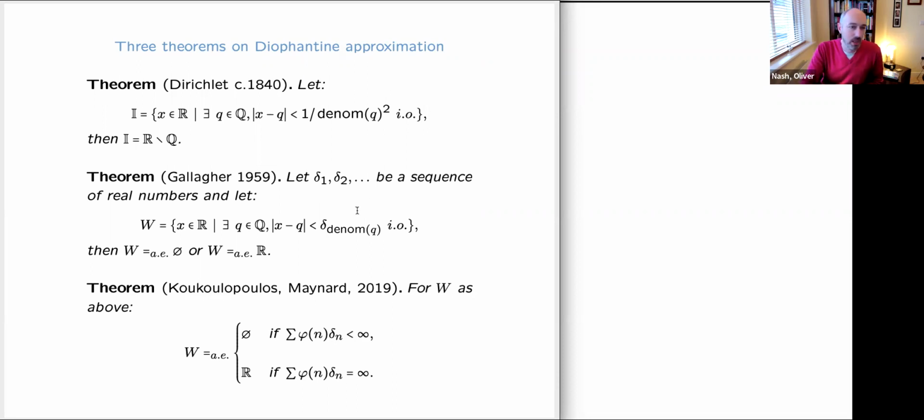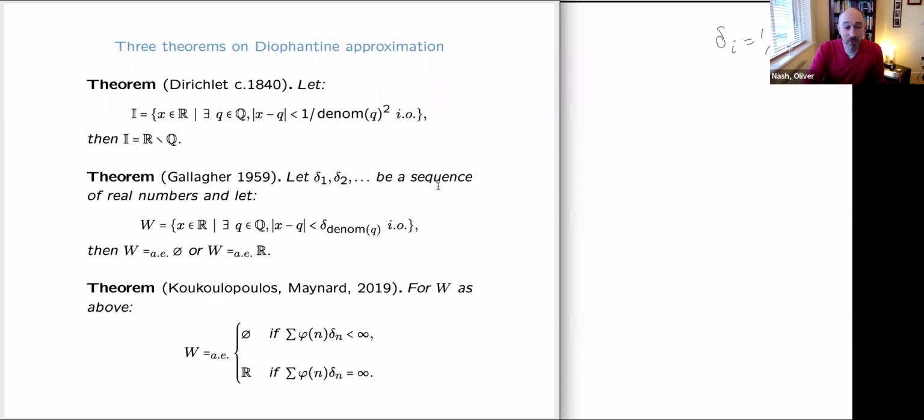So we consider real numbers such that there are infinitely many, infinitely often, I can approximate that real with a rational number, and the error term is controlled by this input sequence, delta i. Delta i is 1 over i squared in the case of Dirichlet's result, but Gallagher allows any old delta i.